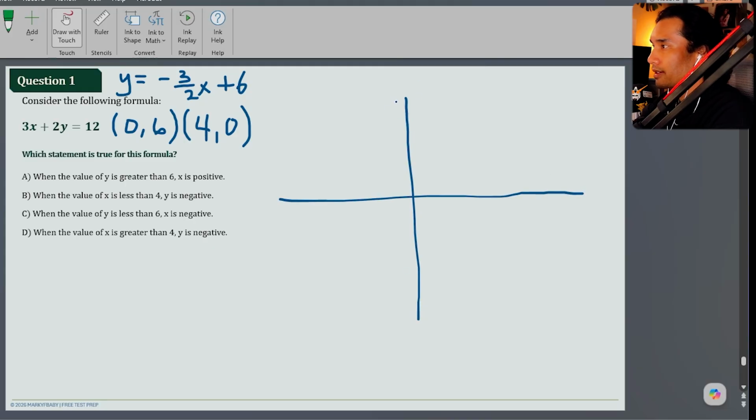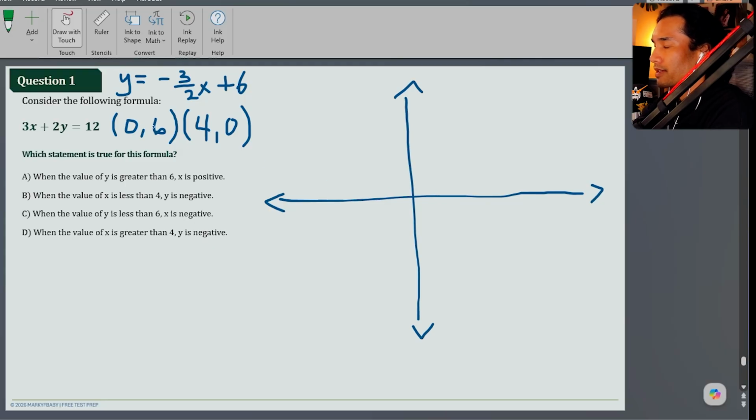And then what I like to do, because this is habit, is draw my arrows. All these arrows mean is that y goes up indefinitely, or what we say is to infinity, and x to the right and to the left to infinity. That's all these arrows mean. You don't have to, but that's just what I do because that's what I was taught.